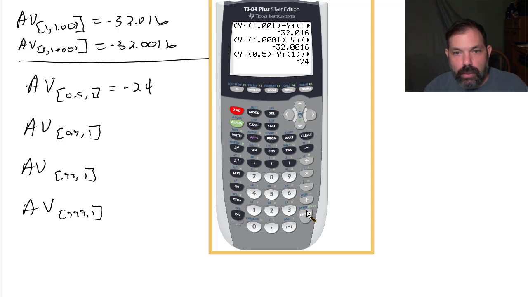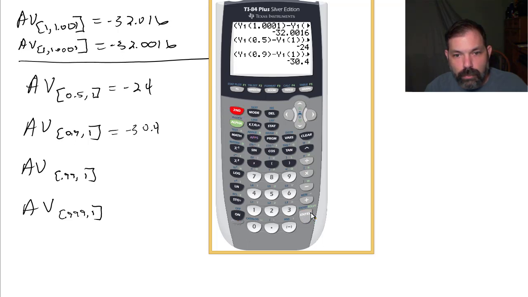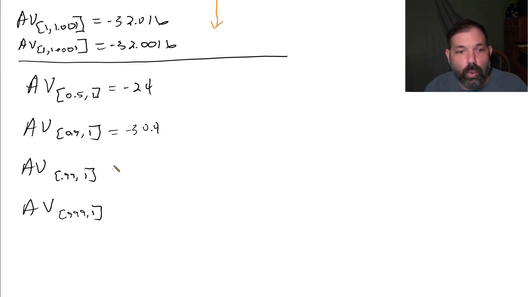And second enter. Let's change those 0.5s to 0.9s. Negative 30.4. Let's change those 0.9s to 0.99s. Negative 31.84.